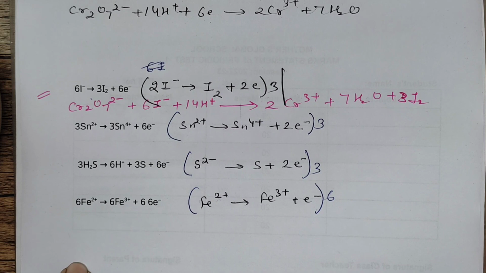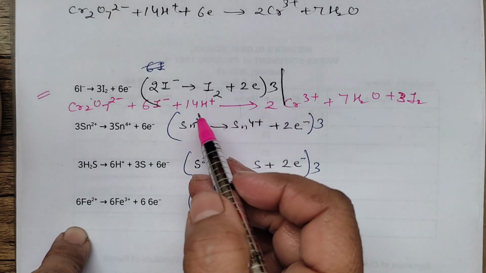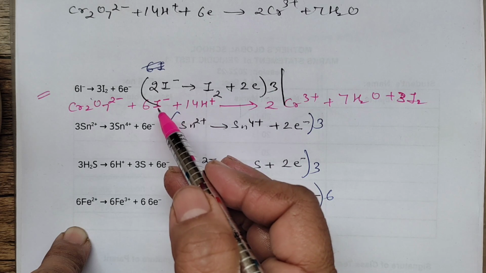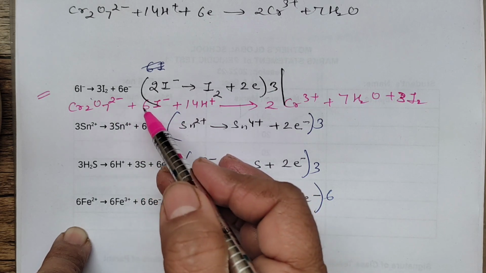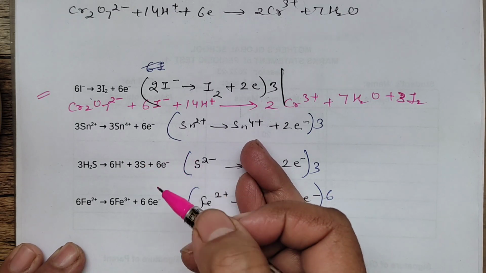Okay, the electrons we have cancelled. Got it? Now you can verify on your own that the charges are correct. This side is 6. This side is 14 minus 8, that is 6. So charge is correct. Each element is also correct.